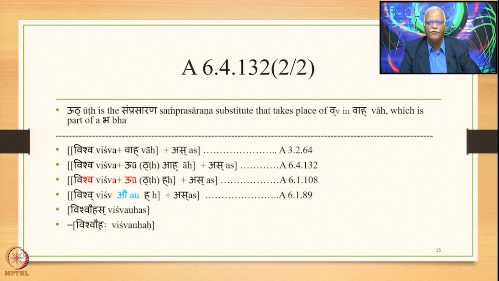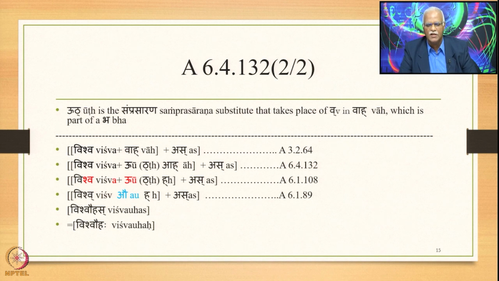So now the meaning of Vah Ut is: the Samprasarana substitute that takes the place of va in vah, which is part of Bha. To repeat, Ut is the Samprasarana substitute that takes the place of va in vah, which is part of Bha.